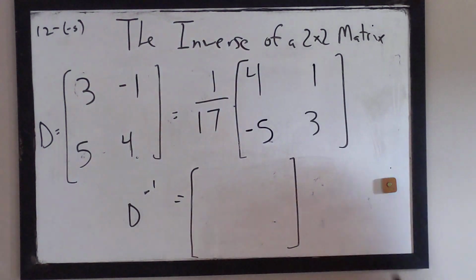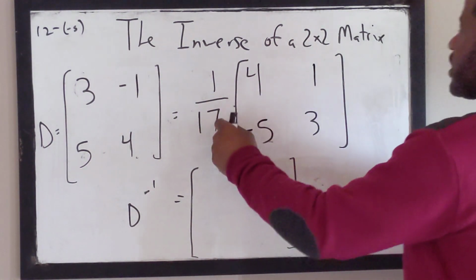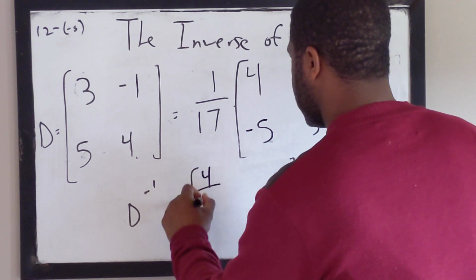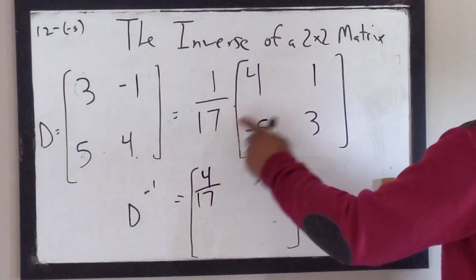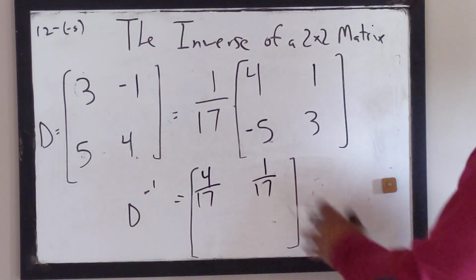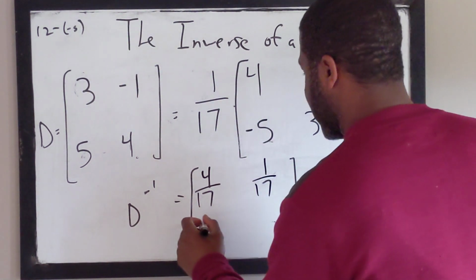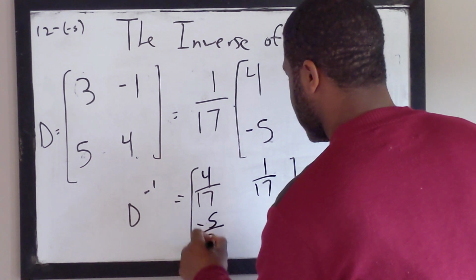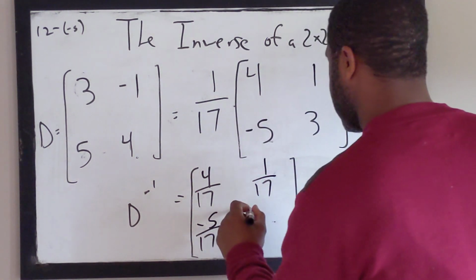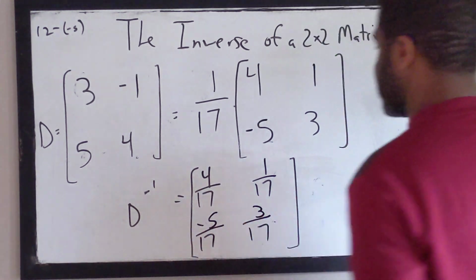Okay. Now we go back through it. Nothing changes. 1/17 times 4 is 4/17. 1/17 times 1 is 1/17. 1/17 times -5 is -5/17, and 1/17 times 3 is 3/17.